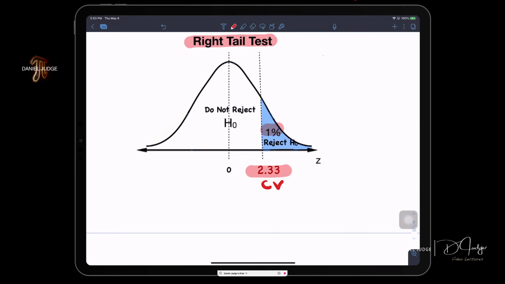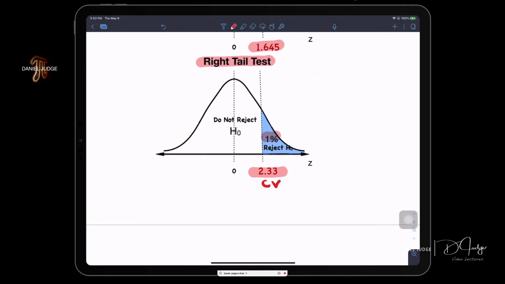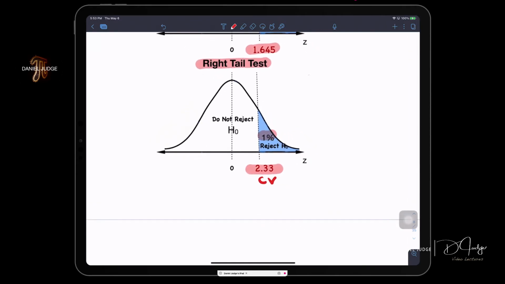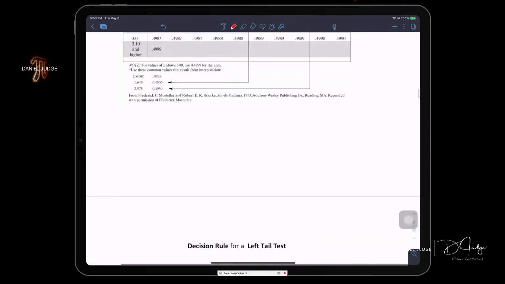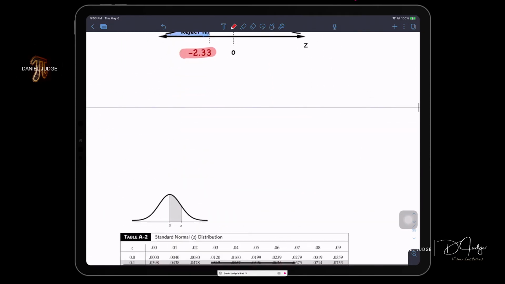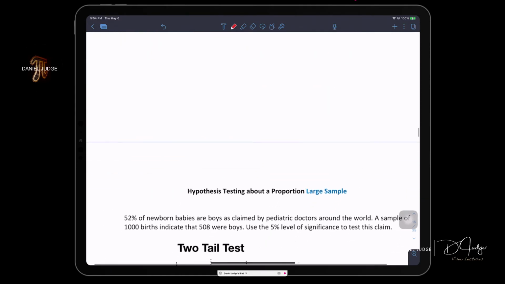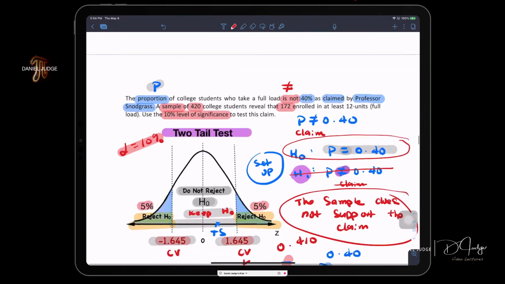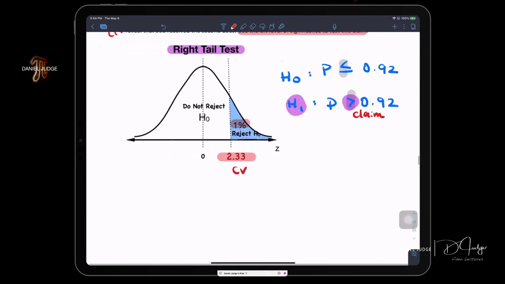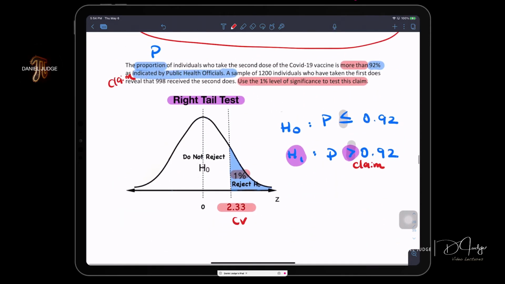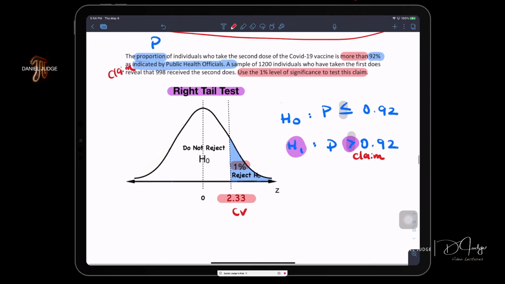Critical value. So it looks like we're consistent with that. You know, I look at your book and I kind of make up some of these things, by the way. So right tail, so yeah, 2.33. So we're good with this particular problem. We're really good. This is our decision rule, ladies and gentlemen.